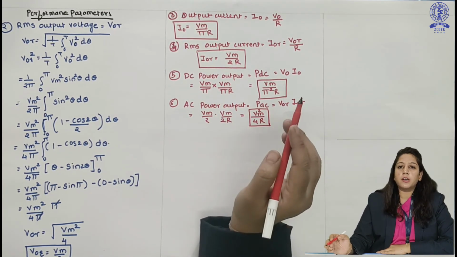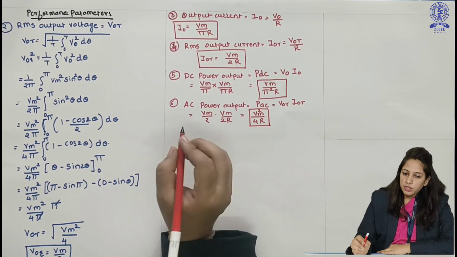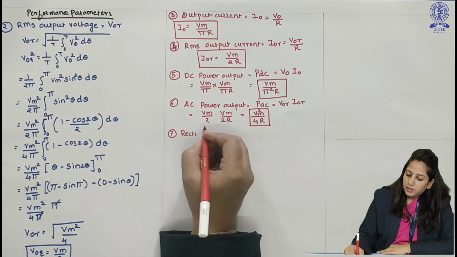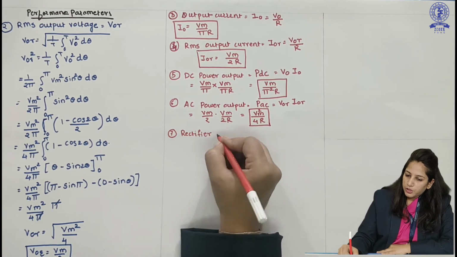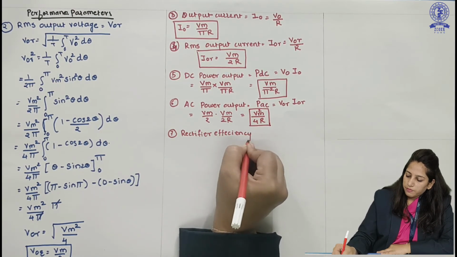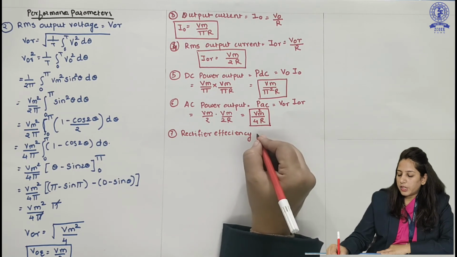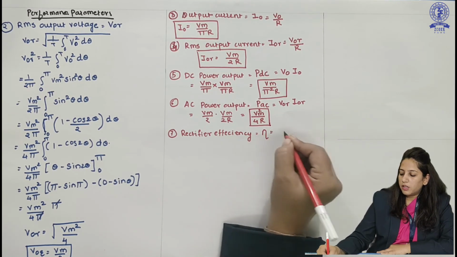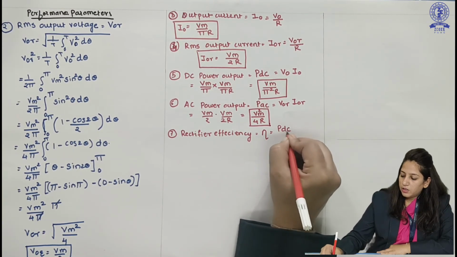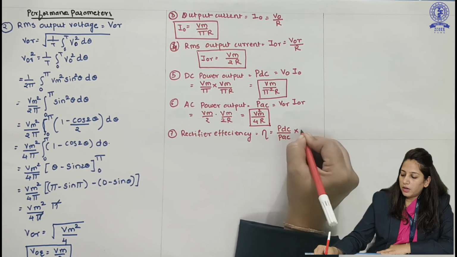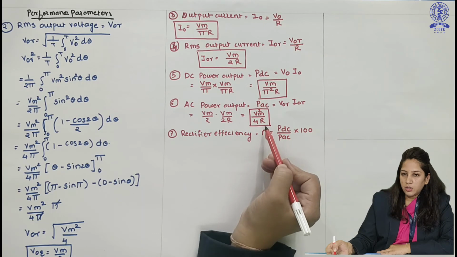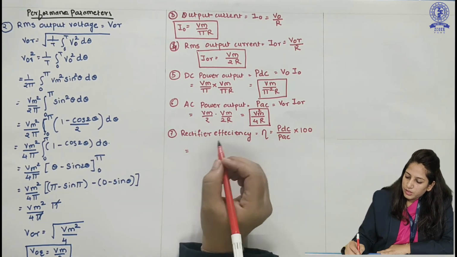Now we will find out the rectifier efficiency, which is a very important thing. Rectifier efficiency is the ratio of PDC to PAC into 100. PDC we have found out, and PAC also. So I will substitute the values.